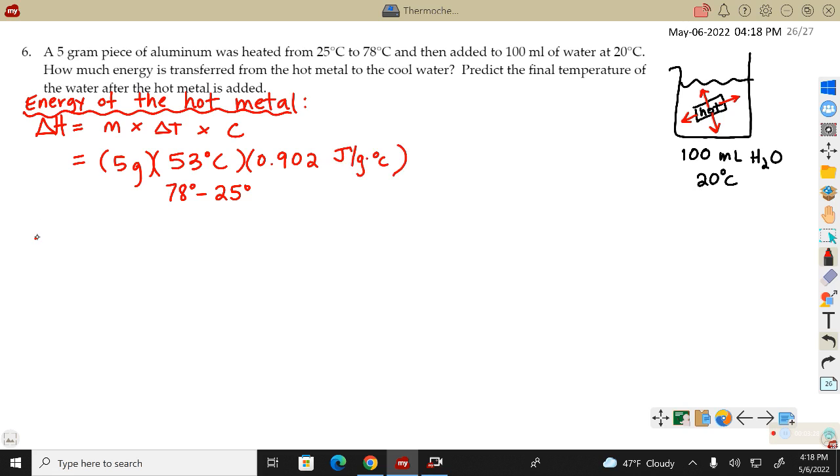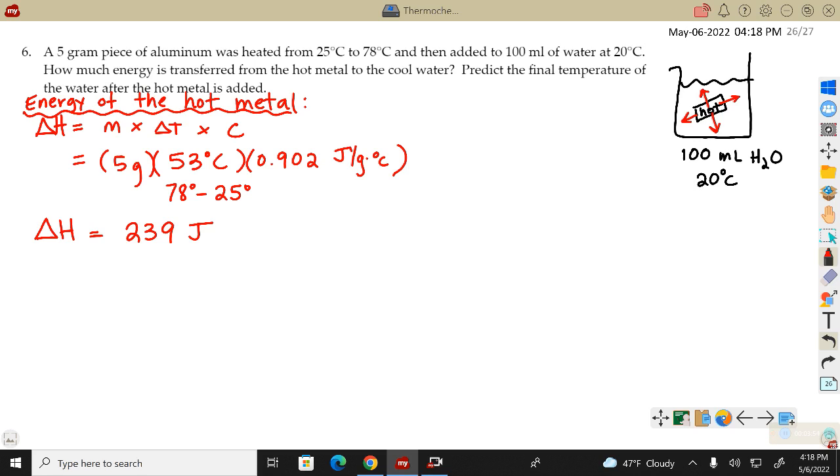All right, so this isn't so bad so far. So we plug it in. 5 times 53 times 0.902. All right, so I'm looking at about 239 joules of heat. That's the energy of the hot piece of metal.